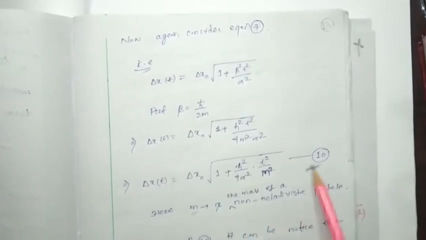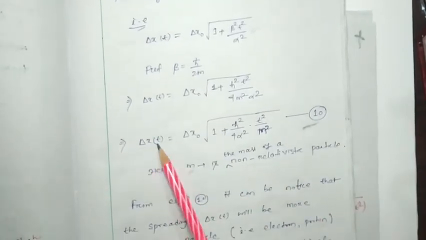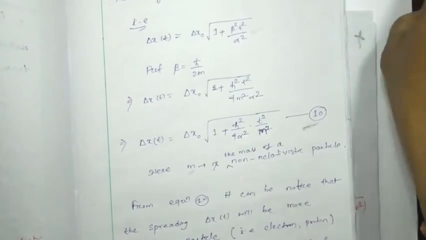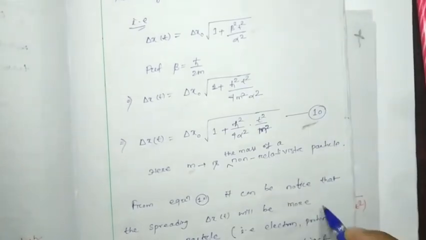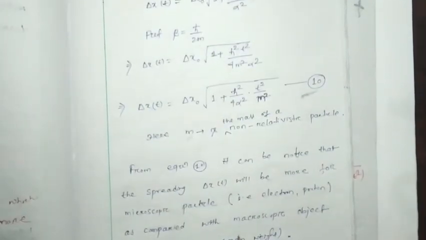Now from equation number 10 it can be noticed that the spreading of Δx(t) will be more for a microscopic particle, meaning a small particle, as compared with a macroscopic object.